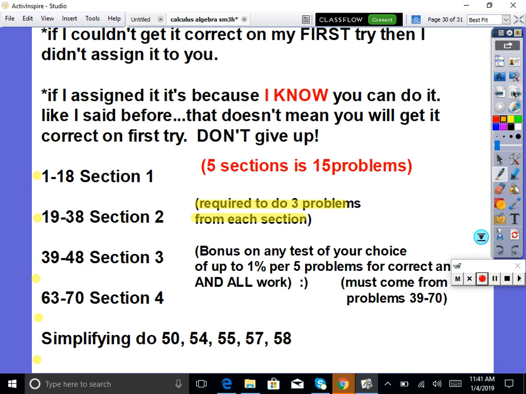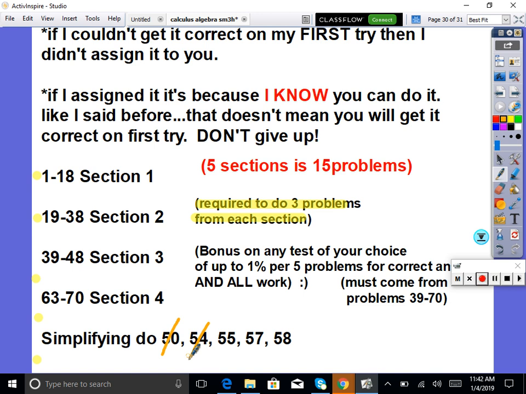So notice I've done 2 of these down here. Which ones did I do? Okay, so those are not options. Those are the 3 you would do for sure. Does everybody see? Okay. Now any of those others you can choose. I just put those because I thought those were good ones. Because those are kind of the easier ones, to be honest. Okay? But you can do any of those.